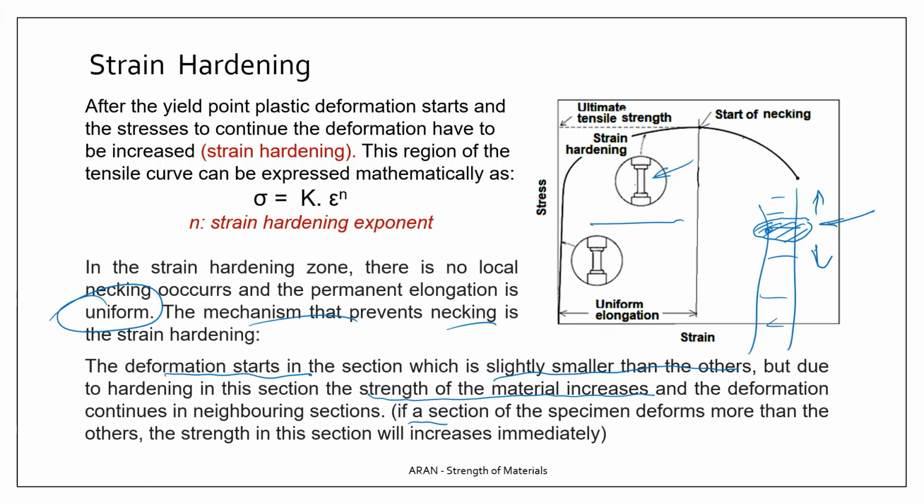So if a section of the specimen deforms more than the others, in this section the strength will increase immediately, and here the deformation will stop, and the plastic deformation continues in the neighboring sections. So we will have no local necking.